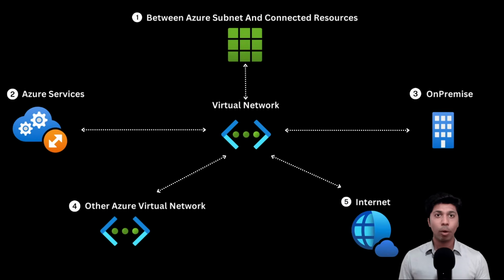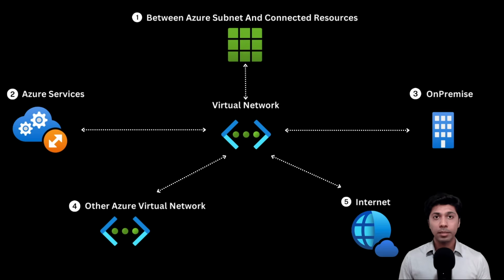Azure Virtual Network or VNet is in the center of all the network communication, may it be a communication between the subnet and the connected resources, or between the VNet and the connected Azure PaaS services, or connection to the on-prem, or to the other virtual network, or to the internet.